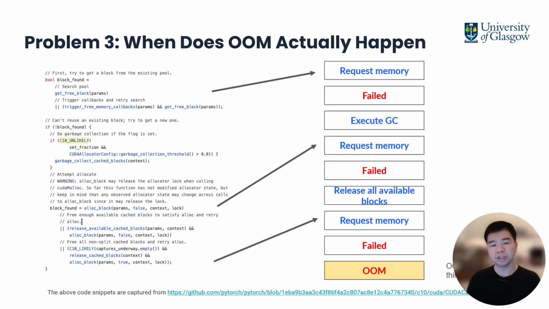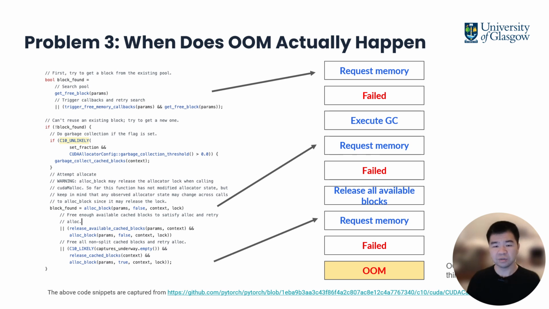The last point is understanding when an out-of-memory issue happens. Our intuition is that it would crash the first time an allocation fails, but that's wrong. By diving into the source code, we found that it relies on how the allocator works internally, like a reclaim mechanism. When allocation fails, it doesn't crash. First, it runs garbage collection and retries.